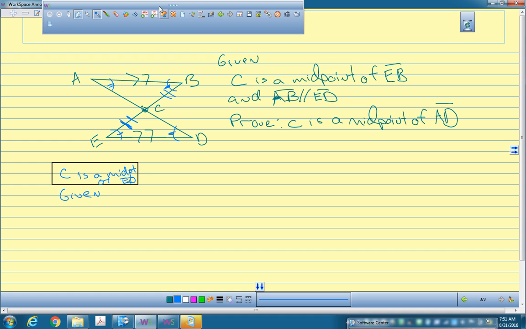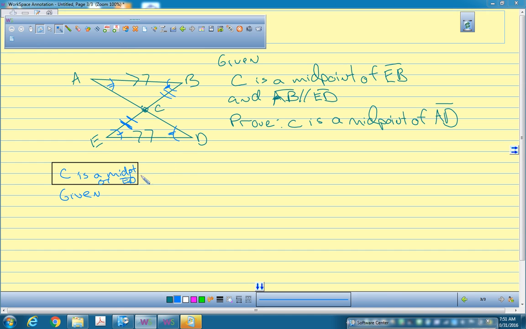But from that, you need to conclude that side EC is congruent to side BC, right?